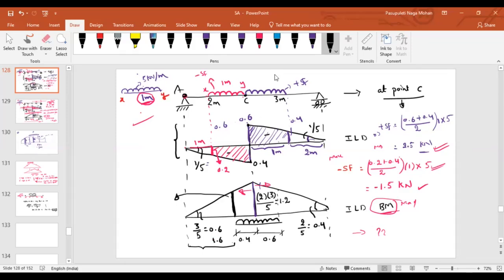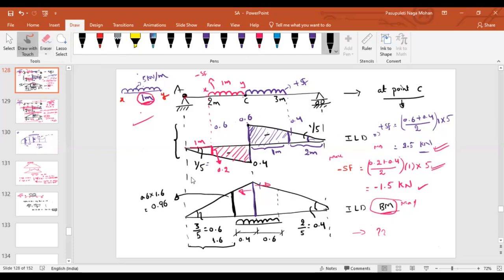What about the slope? 0.6 into 1.6. How much will it be? 0.96. Is it right? Is it right? 0.96. Guys, please tell me the calculation part because I'm just giving the values randomly.